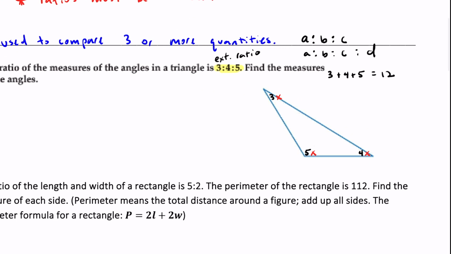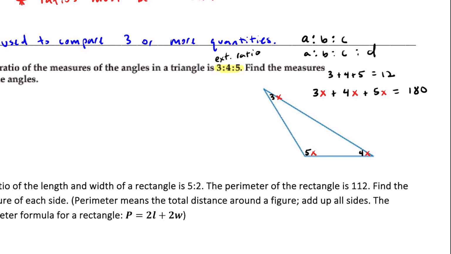So I have 3x plus 4x plus 5x, and what is that going to equal to? Well, I'm creating an equation, and we know that the sum of the interior angles of a triangle is 180 degrees. Okay?